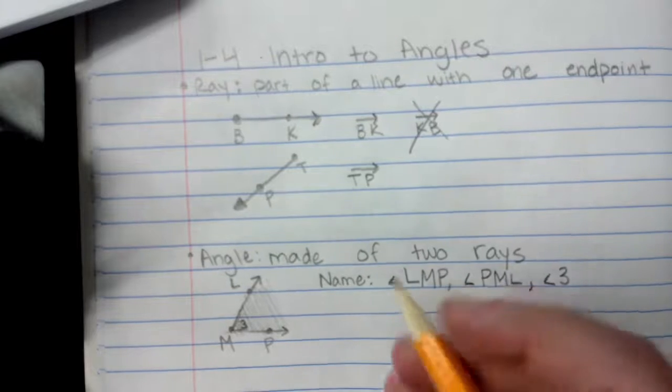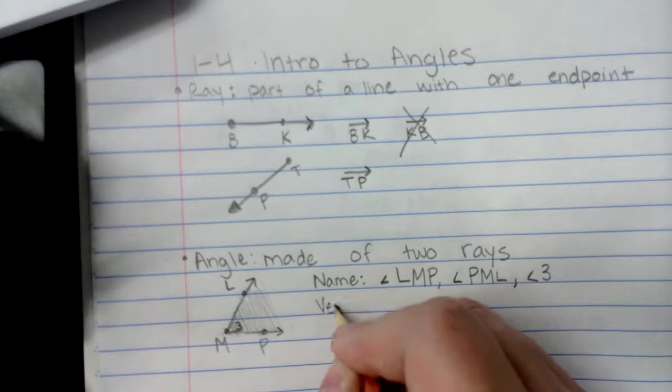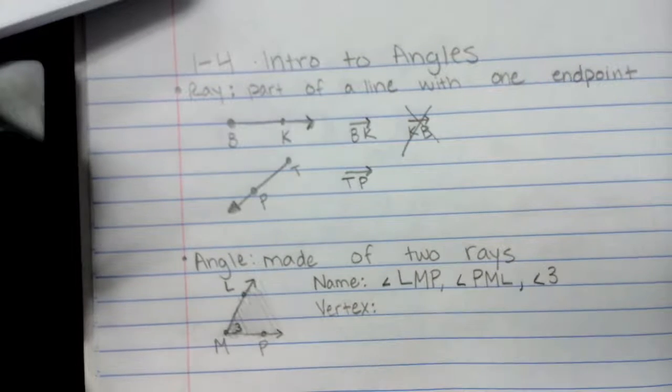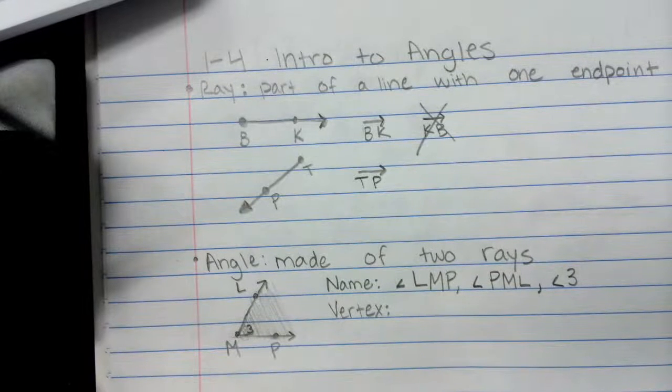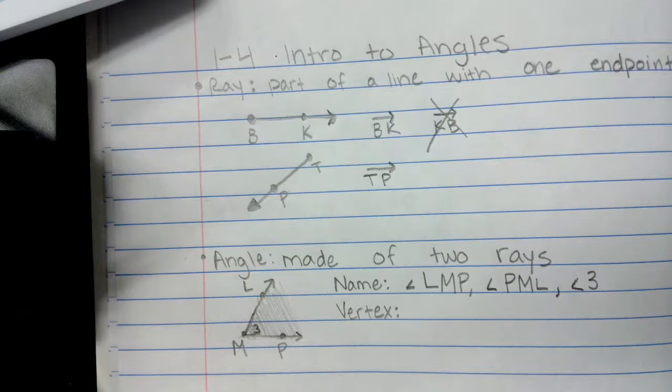All right, another characteristic is vertex. All right, and the vertex of an angle is, what is a vertex? You guys know that. You remember we had parabolas, those U-shaped graphs, and we found the vertex last year?